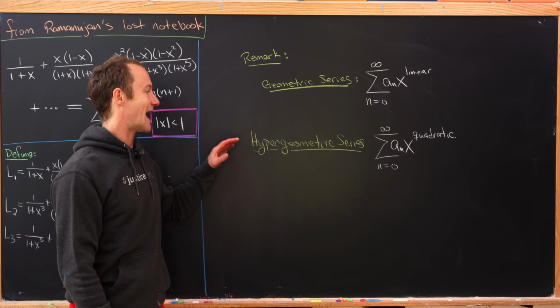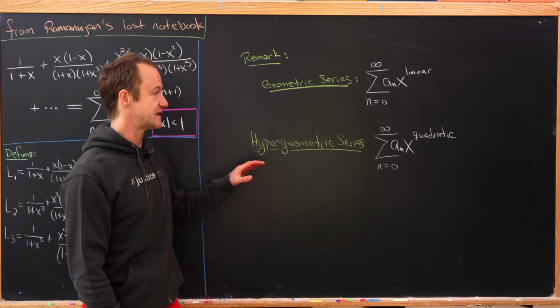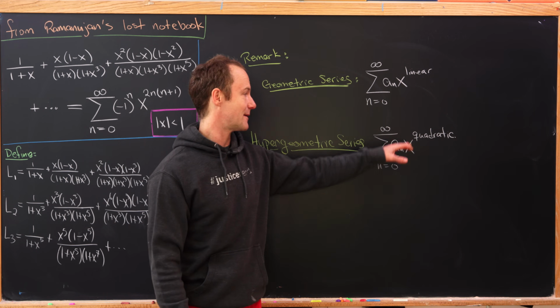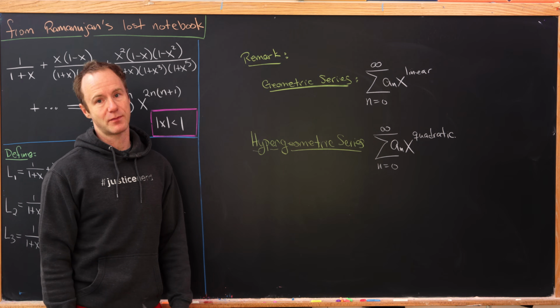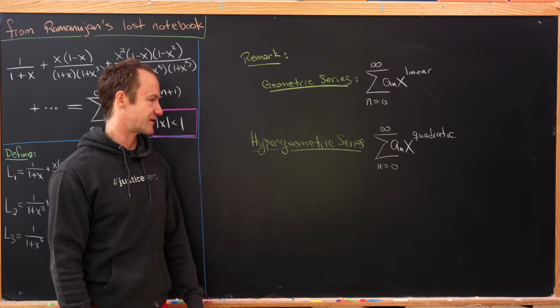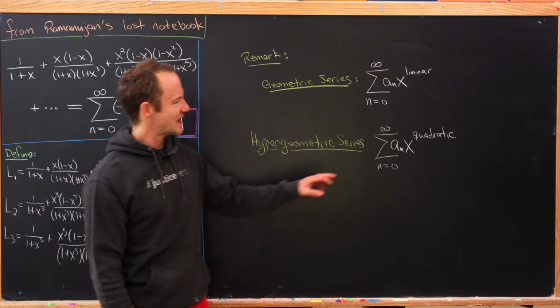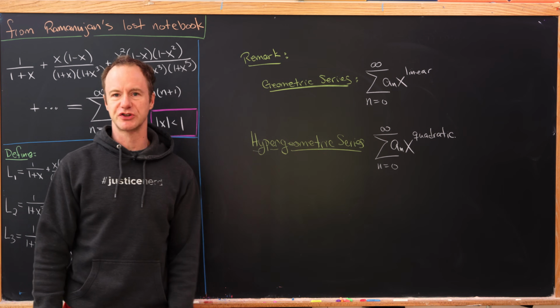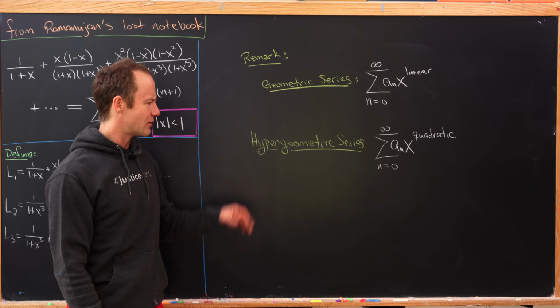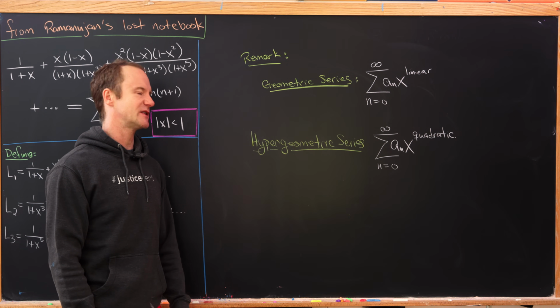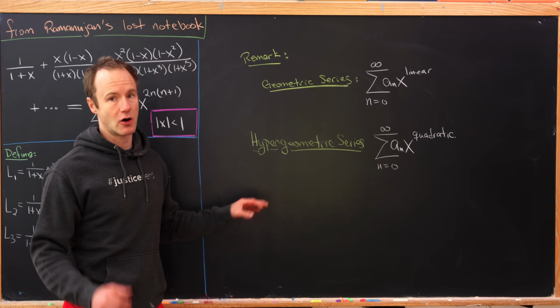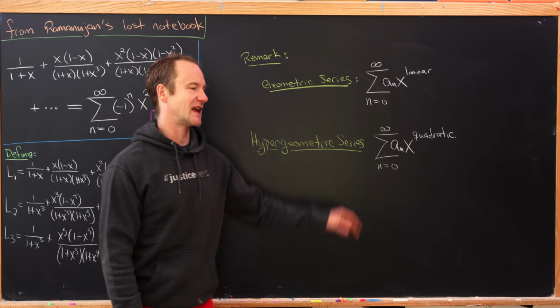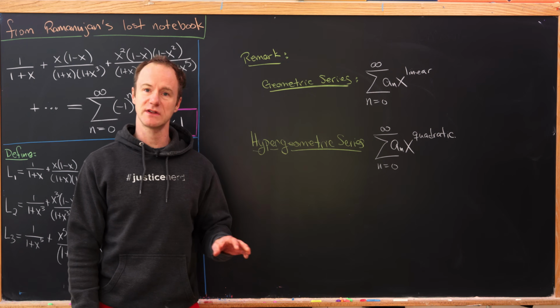But something called a hypergeometric series has the same form, except in the exponent of x, we have a quadratic polynomial. So that makes the difference here. And you might say, well, what about a cubic or a quartic and so forth? I think that's probably also considered a hypergeometric series, but I'm not sure if those have been studied as much as these cases right here. Okay, so let's get into it.